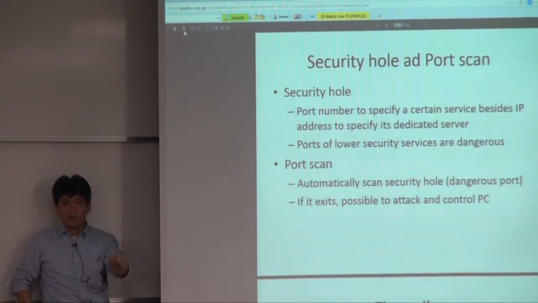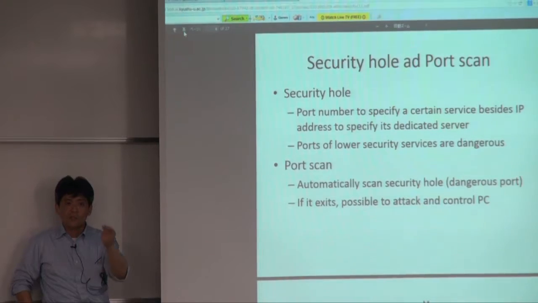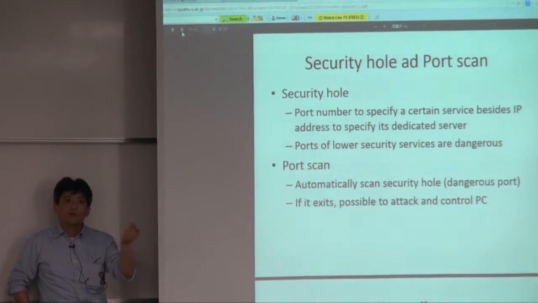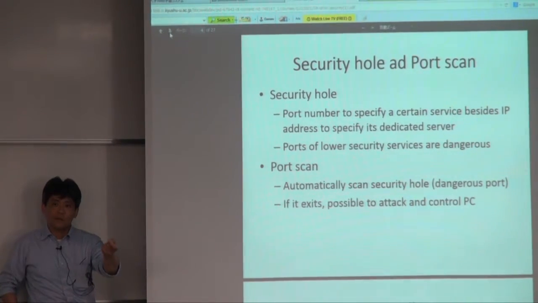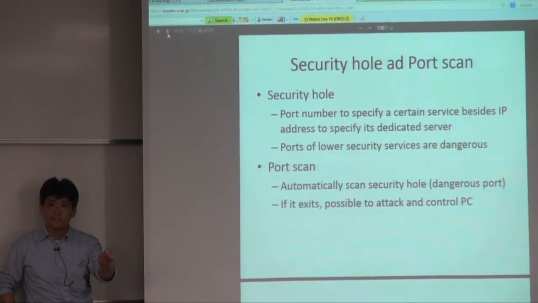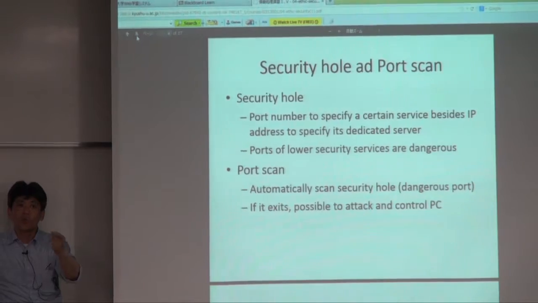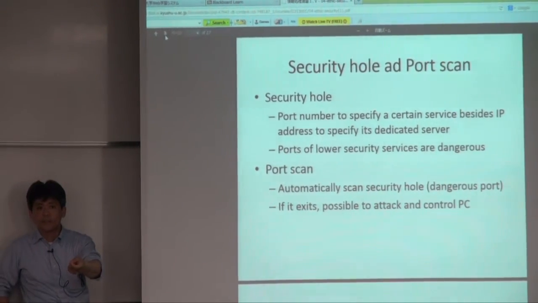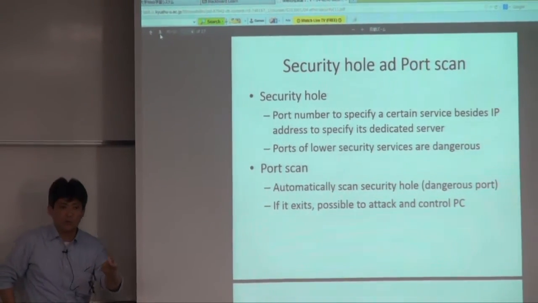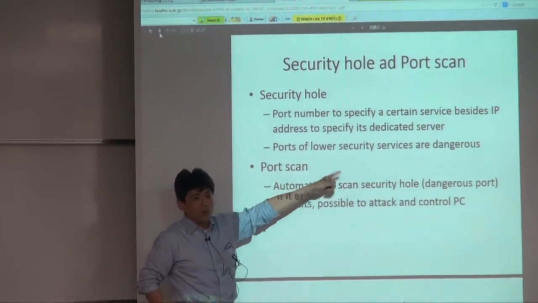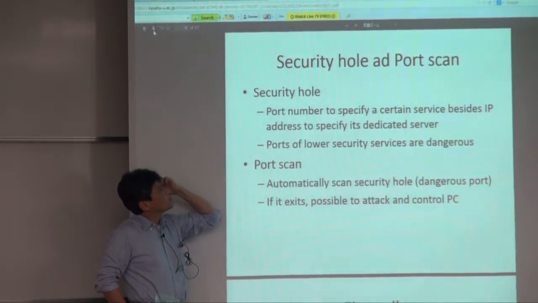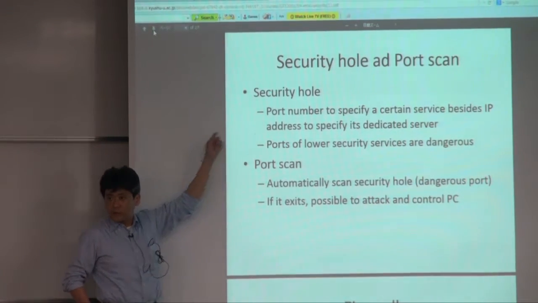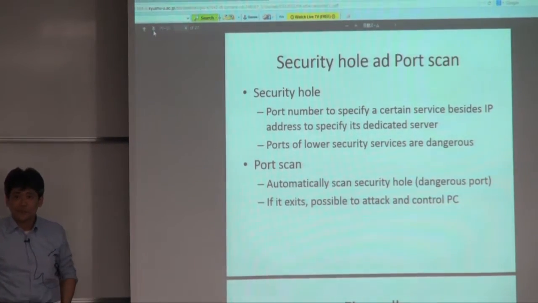If such a server has lower security, a bad person can access such a server, such a service, illegally by specifying such port numbers. In this case, such a port is treated as a dangerous port. Such a port is usually called a security hole. You understand? Okay.